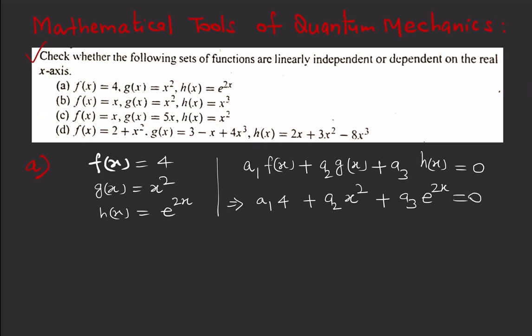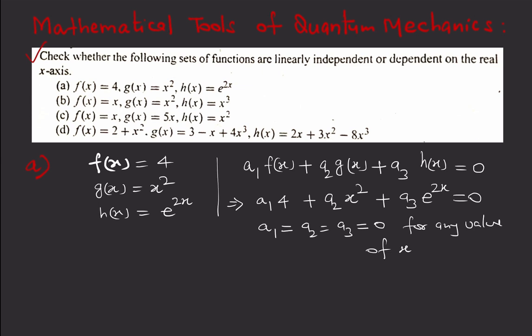So we can see that this equation is satisfied only if the values of a1, a2, a3 all are equal to 0 for any value of x.